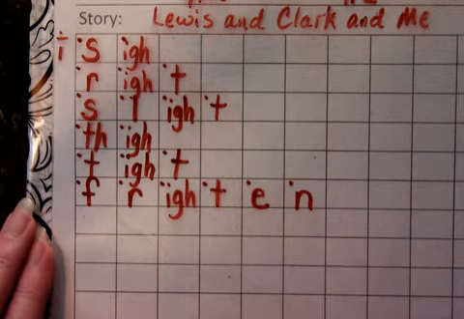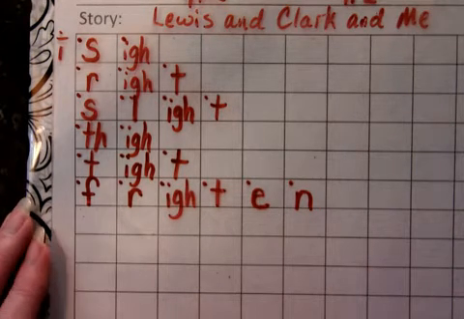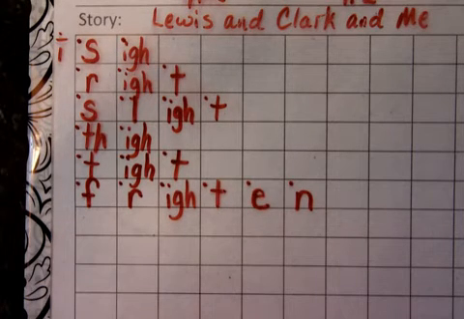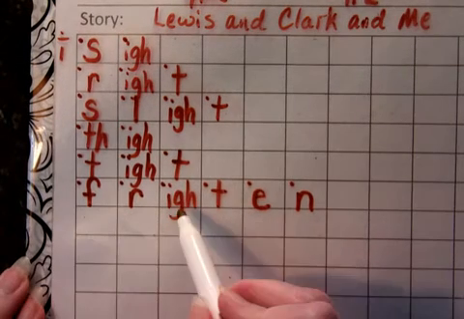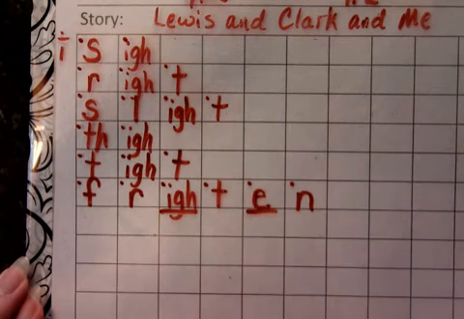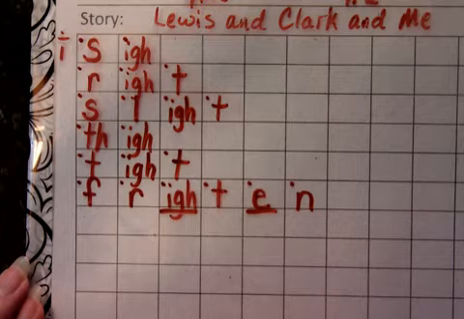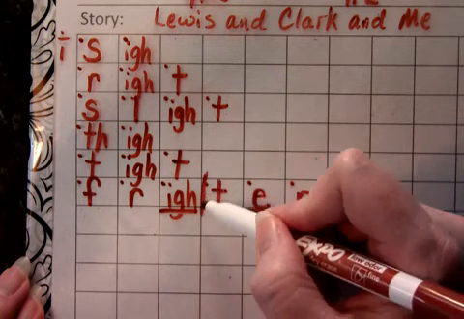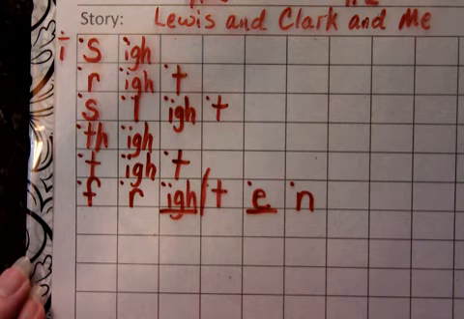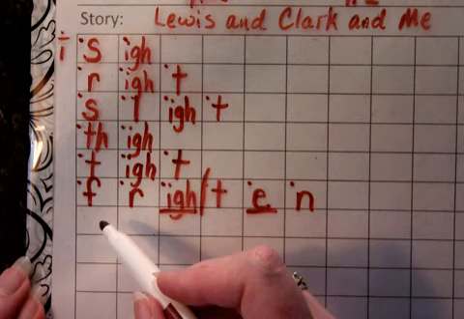Frighten. That's a two-syllable word because we've got two vowel sounds. I and E. Frighten. The syllable break is right here. Frighten. The next word is highway.